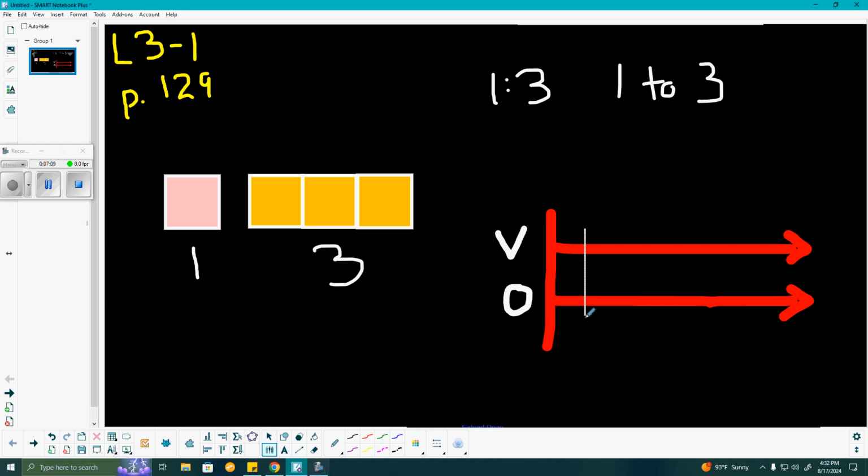Your comparison on a double number line always starts with 0. If you use 0 tablespoons of vinegar, you're using 0 tablespoons of olive oil. We already know that for every 1 tablespoon of vinegar, there are 3 tablespoons of olive oil.